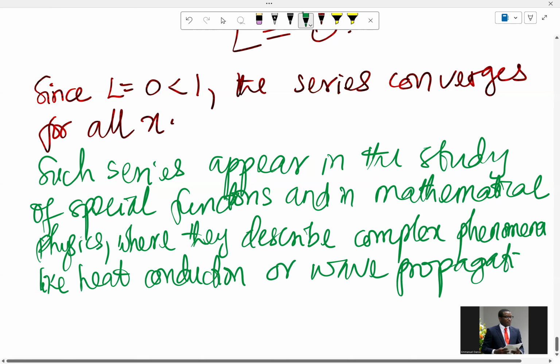So you can see that power series are really important. We've seen them useful in function approximation, solving differential equations, signal processing, and of course, physics and engineering.